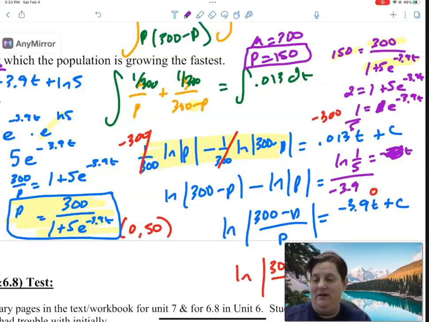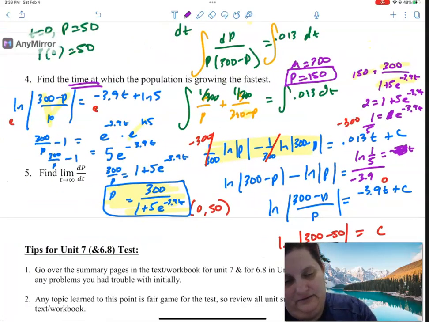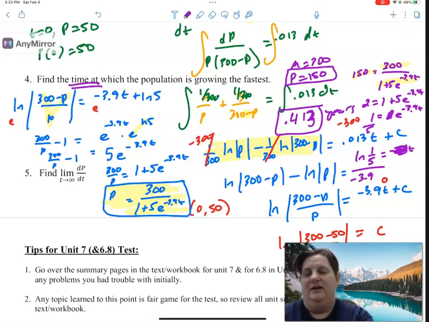So the time is, holy moly, ln of 1/5 divided by negative 3.9, and I got 0.412 or 0.413 years. Okay, let's see if that's the answer on the answer key. Let's go. It certainly is. Very good.